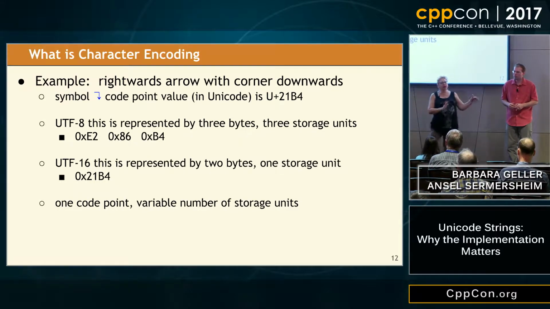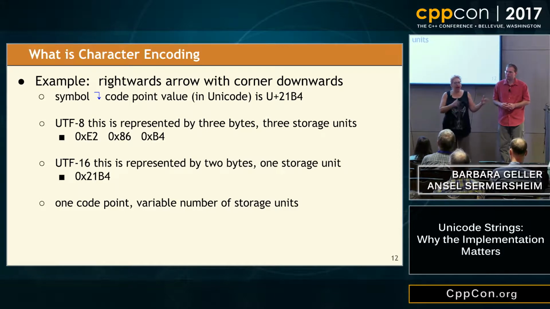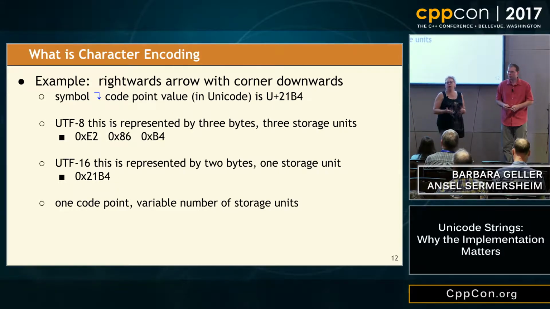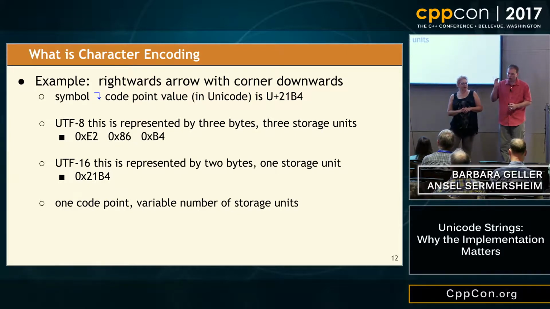So every single code point has some amount of storage it takes, and these are variable because they are different amounts. But it's really important to remember this is 1 code point. So if you correctly interpret the first string here as UTF-8 and the second string as UTF-16, they are equivalent. They contain exactly the same data. One code point, its value is 21B4. They are just represented differently in memory.